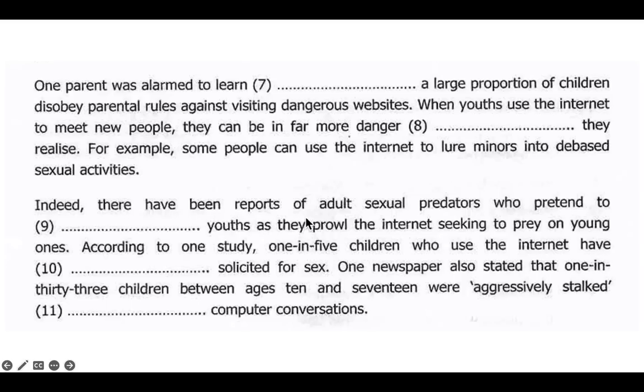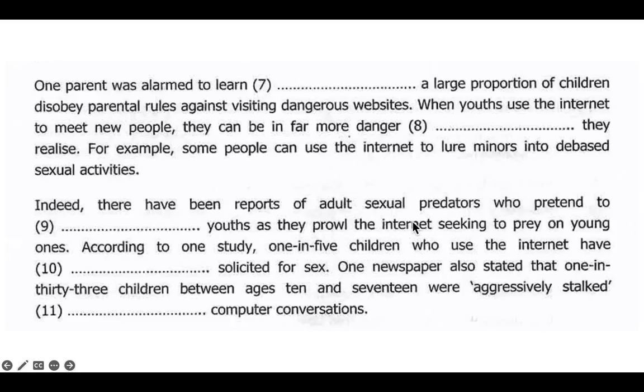Let's go through again. There have been reports of adult sexual predators who pretend to be youths. Here you can apply to be, because when one is pretending, he pretends to be something. So who pretends to be youths. So ensure that you are in a run on. Don't stop on the way.